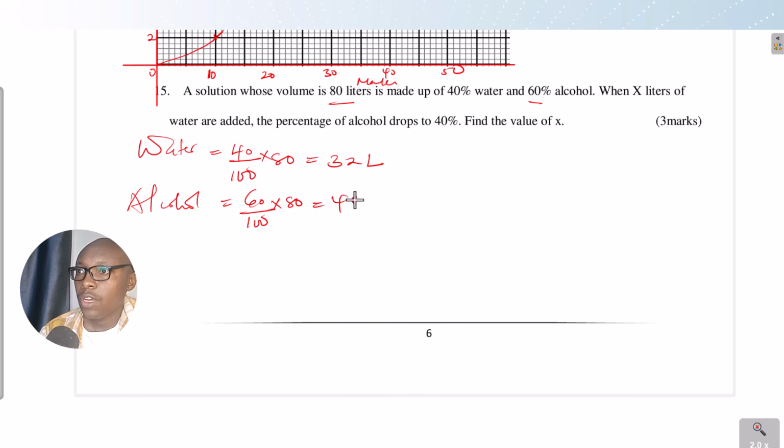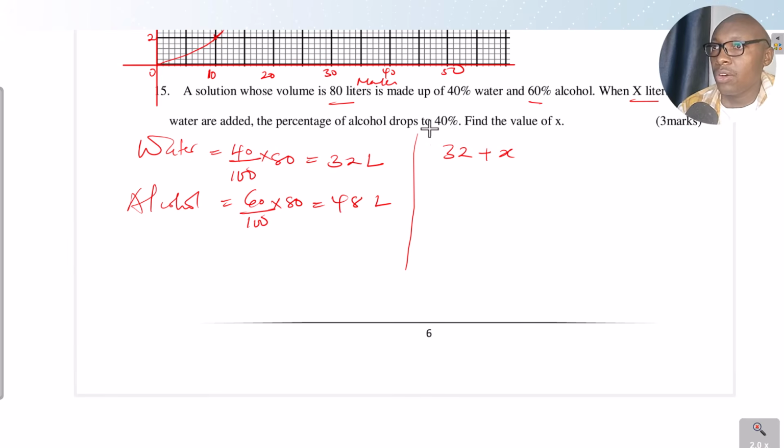So this gives 48 liters. Now, when X liters of water are added, remember initially we have 32 liters. So when we add X liters, the percentage of alcohol drops to 40%.